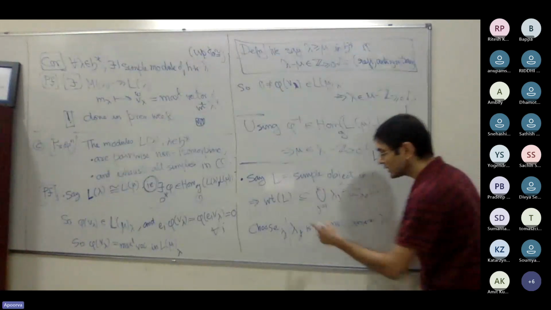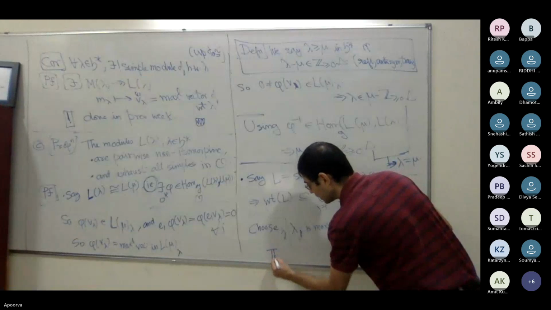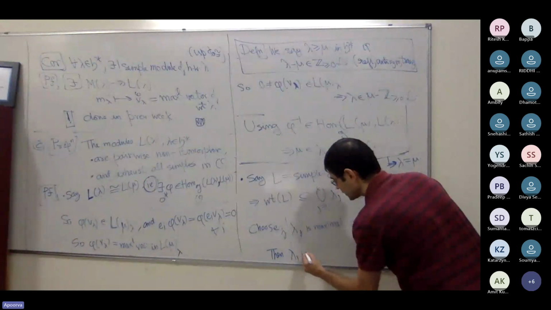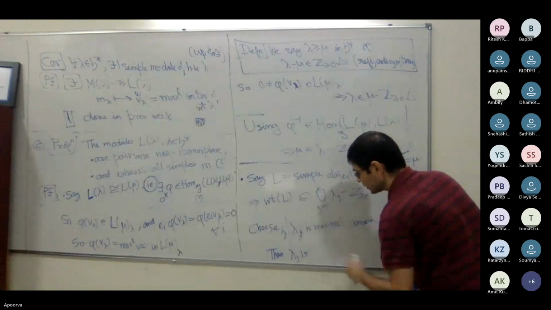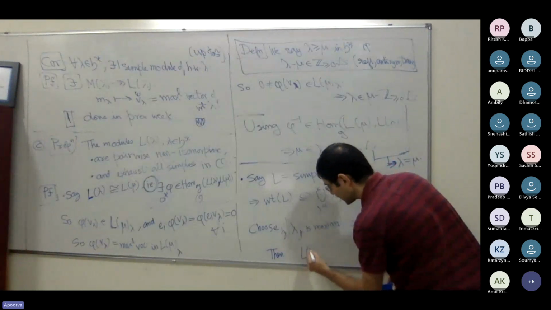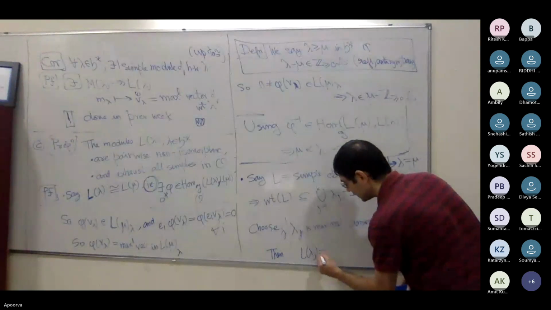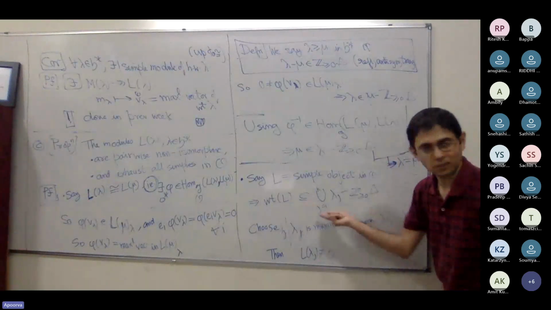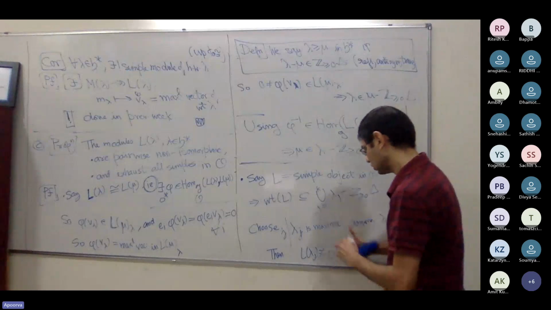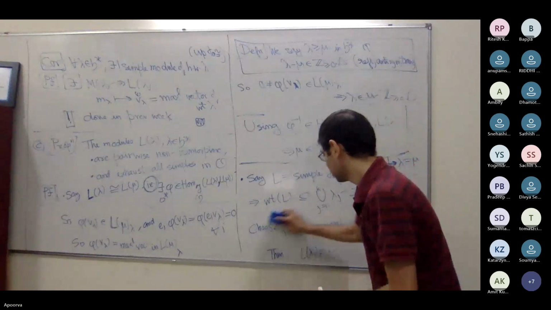The claim is therefore that lambda_j, sorry. So first of all, if I look at L_lambda_j, this is not equal to 0 because it's one of the weights. Oh, sorry, no. I don't choose these.